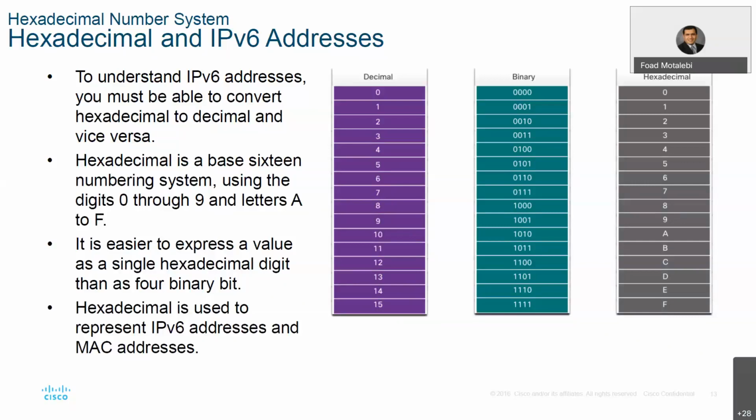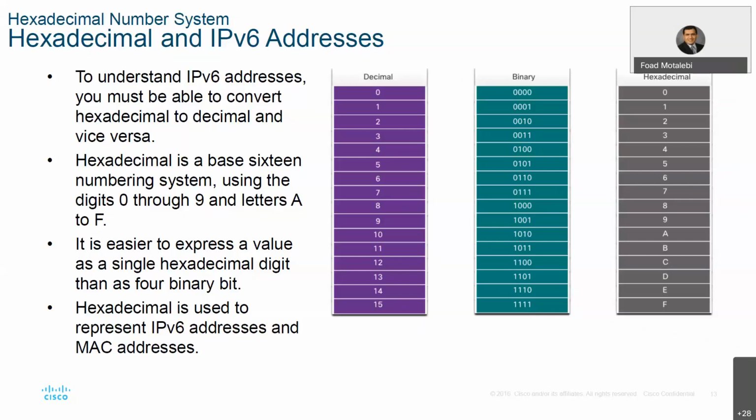IP version 6 addresses are represented in hexadecimal values. Also, our MAC addresses, our hardware addresses on our network interface card, wireless or hardwired, any NIC that we have, the MAC address is also hexadecimal.